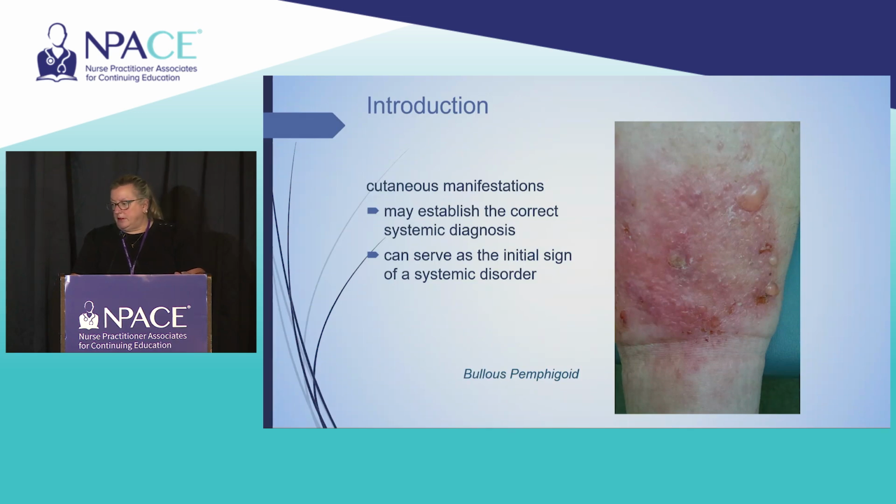For example, here you see bullous pemphigoid. We often see bullous pemphigoid in the setting of an internal malignancy. So there's a reason that people get bullous pemphigoid. You may see blistering diseases in children that are genetic, but adults just don't spontaneously develop blistering disease without a reason.